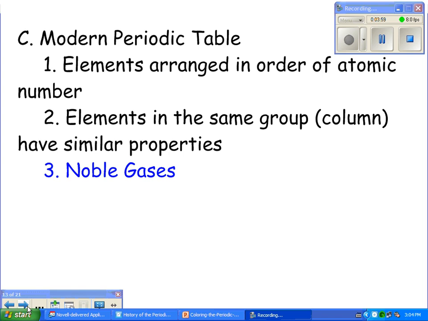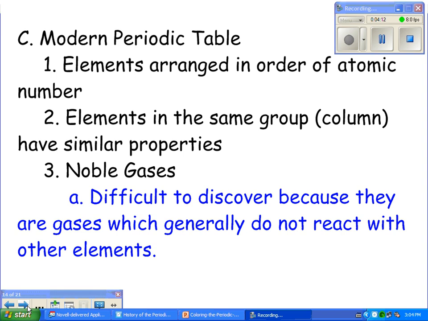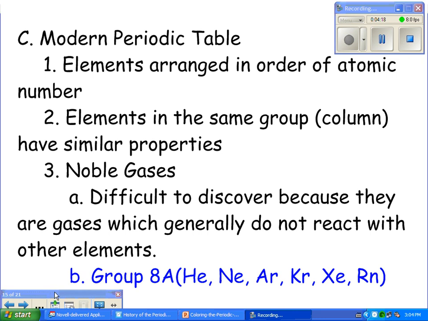That's how they were finding a lot of the elements, through chemical reactions. Well, these weren't reacting with anything. This is group 8A, starting with helium and going down to radon. This can also be called group 18 because it's in the 18th column on the periodic table.